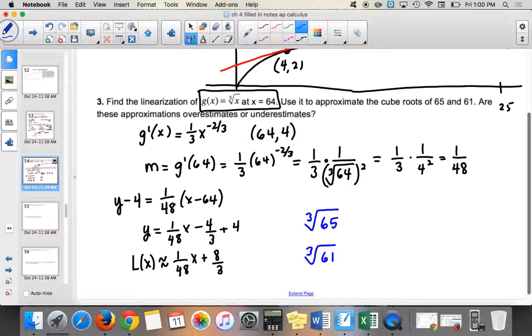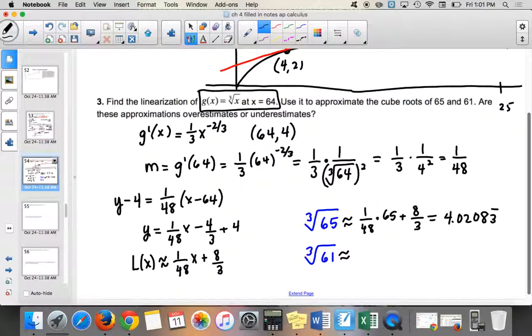So the cube root of 65 is going to be approximately 1 over 48 times 65 plus 8 thirds. I'll let you use your calculator. I trust that you can do long division, or you could get common denominators. So we get 4.02083 repeating. Wait, why isn't it the cube root of 65?